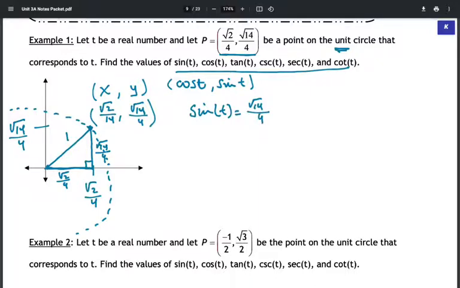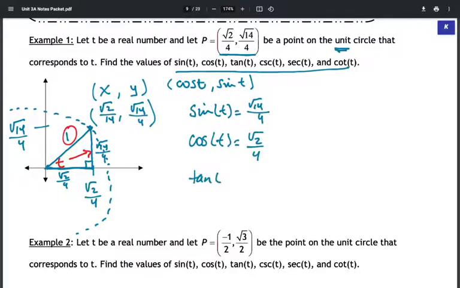And that's because whenever you do the sine of t, you're doing the opposite from this angle right here, which I probably should label with t since that's the name we called it. The opposite side is this side. The hypotenuse is the 1. So you're doing opposite over hypotenuse, and that's where we get that value for sine. Okay, cosine is the x value, so cosine of t would be the square root of 2 over 4.